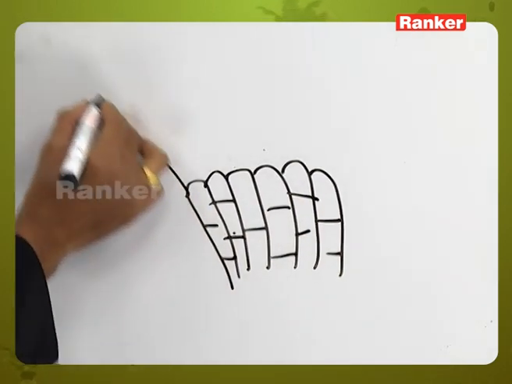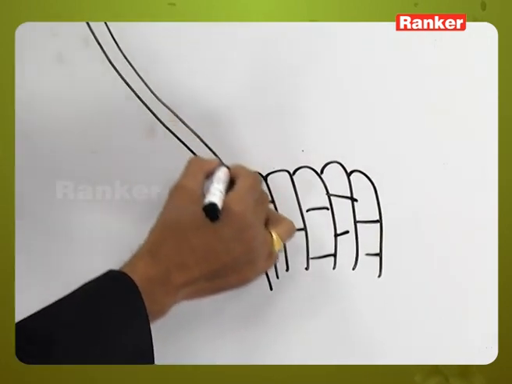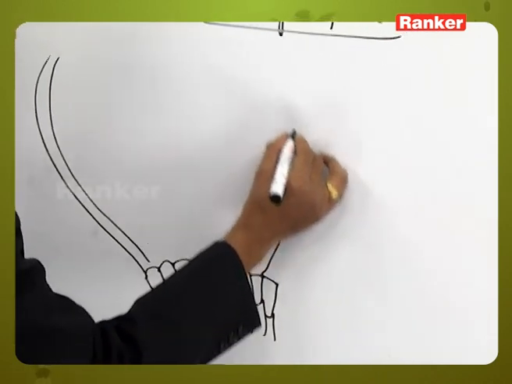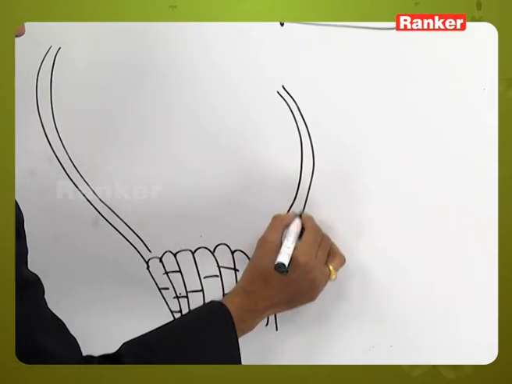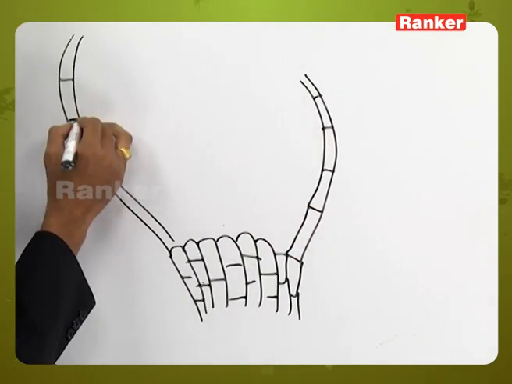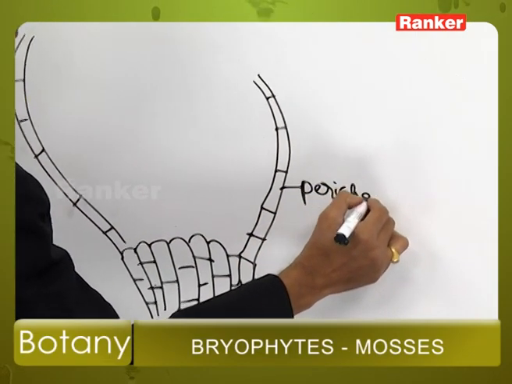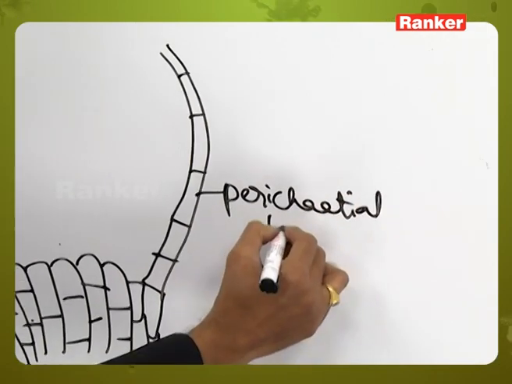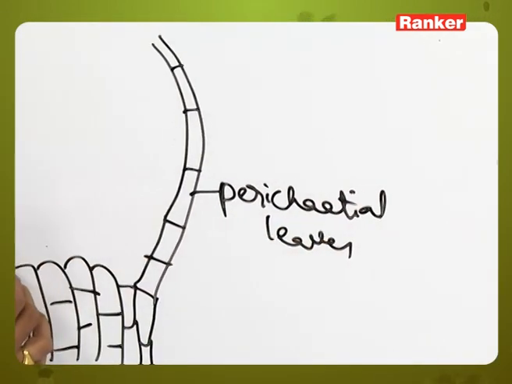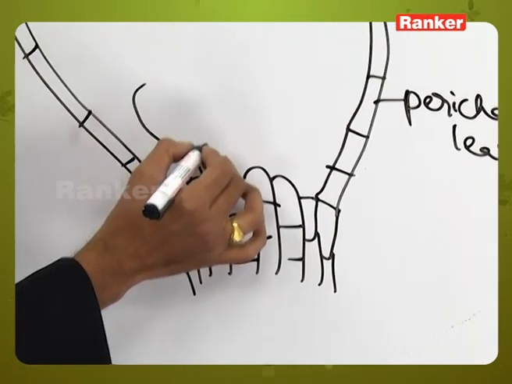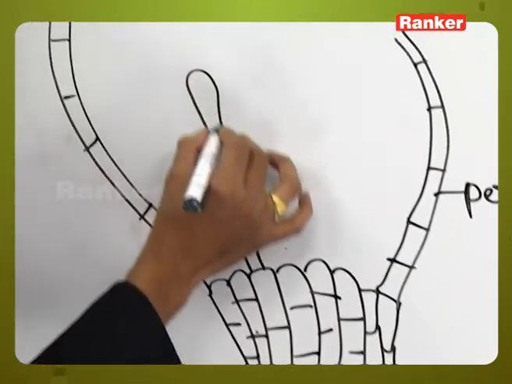where here also the archegonia are protected by some sterile structures. These sterile structures are called perichaetial leaves, which are multicellular and protective in function. And in the center they have the sex organs, that is archegonia.